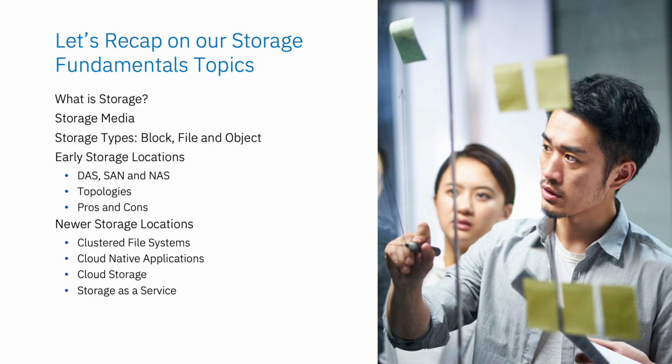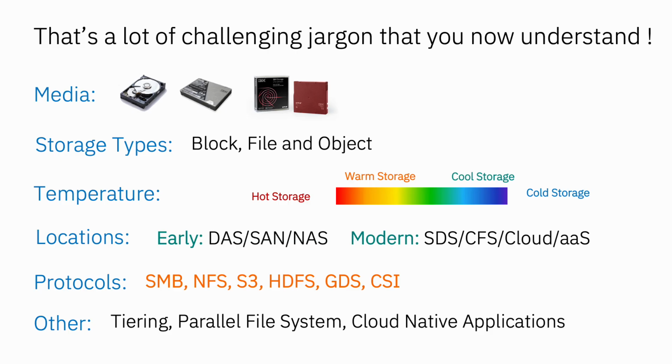So here we go. Our objective was to get you acquainted with some of the basics of storage fundamentals for how storage works in the enterprise. So we talked about what storage is, the media, locations, newer storage locations. That's a lot of jargon. We got you through a lot of stuff. Let's just take a quick recap of some of the key concepts. Media: there's disk, flash, and tape.